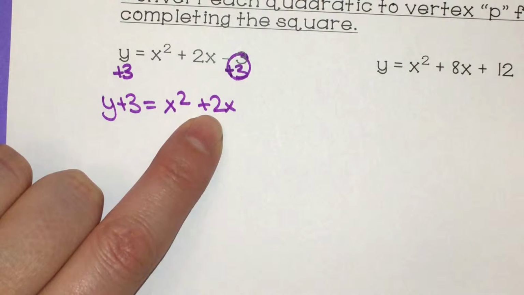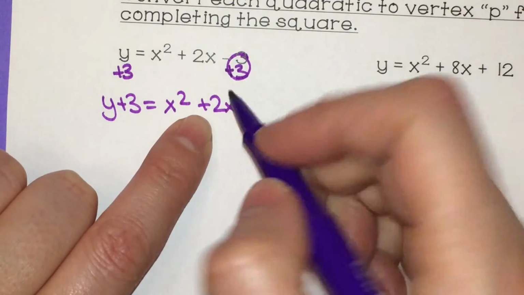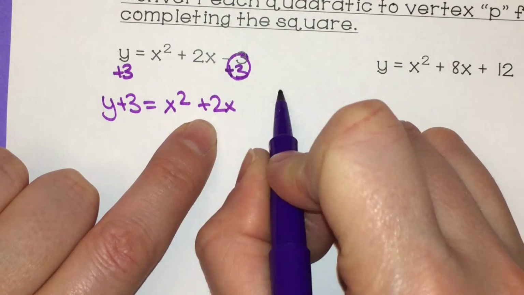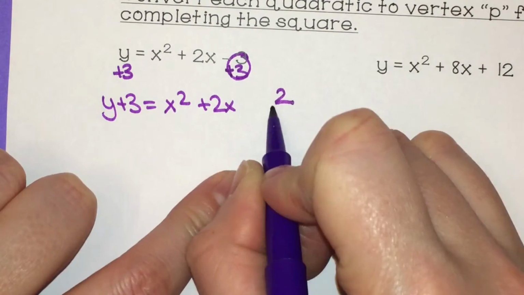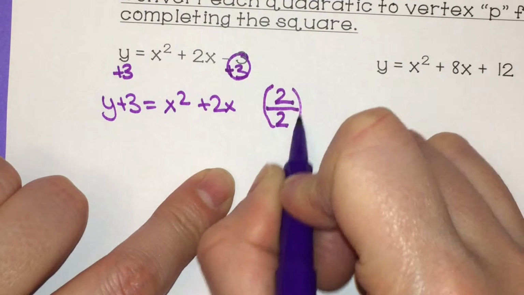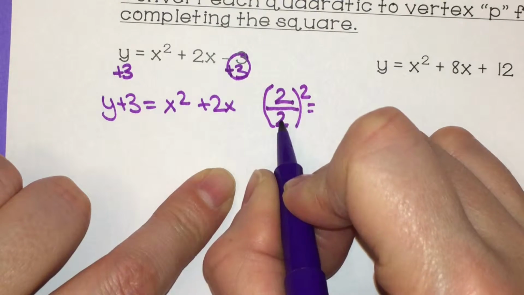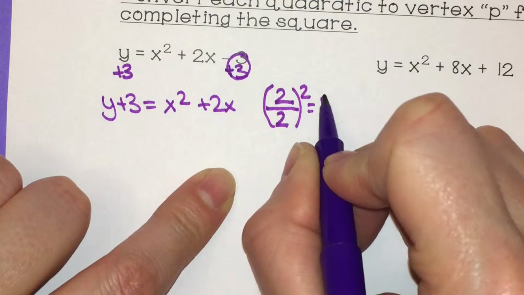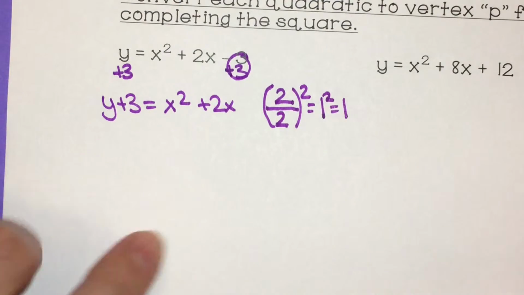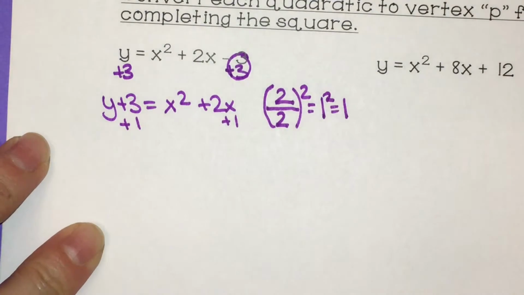The b term is the number that's multiplied by x, not x squared, just x. In this case, our b term is 2. You always divide your b term by 2 and then square it. Well, 2 divided by 2 is 1, and 1 squared is 1. So I'm just going to add 1 to both sides of the equal sign.